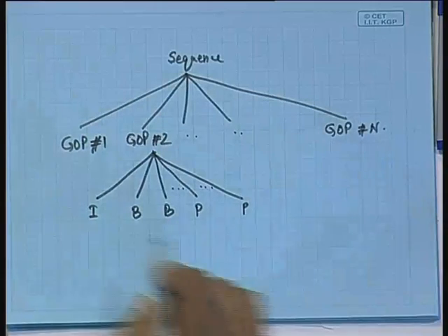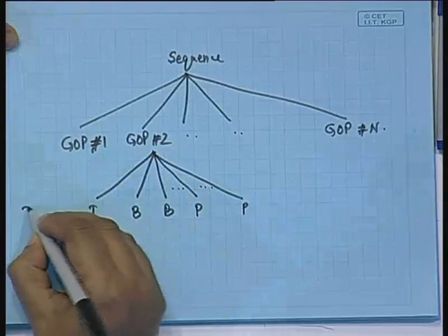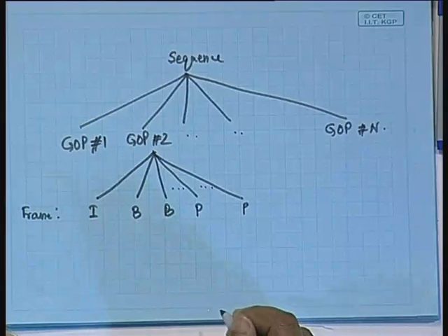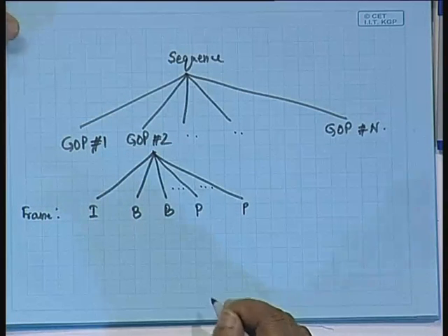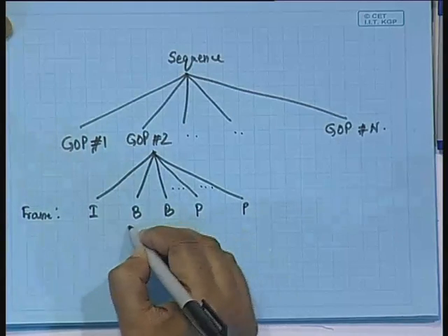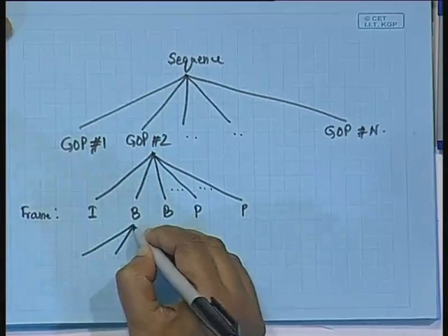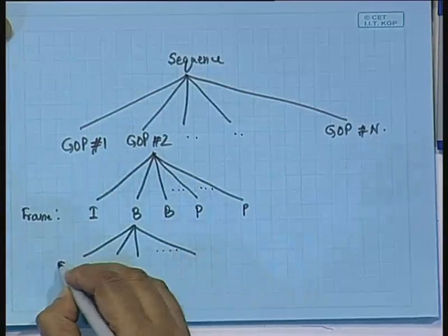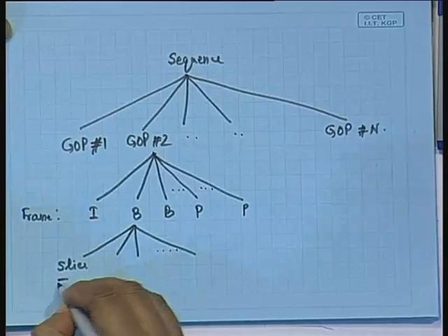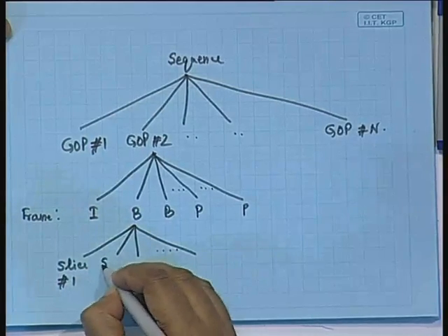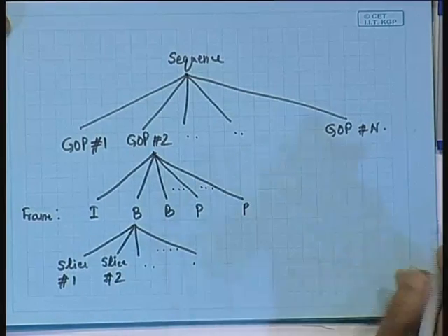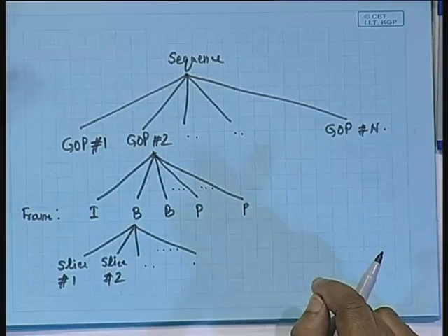Now, every such frame, these are all the individual frames, is actually partitioned into a set of slices. Let us say we look at any particular frame, which will be partitioned into various slices, slice number 1, slice number 2 and so on. A slice is a part of the picture.